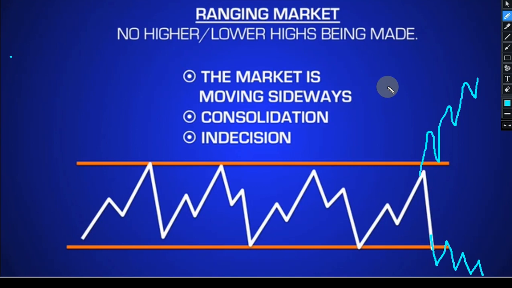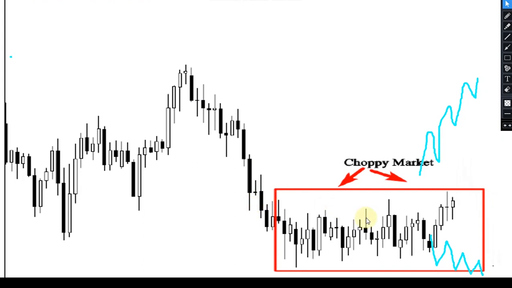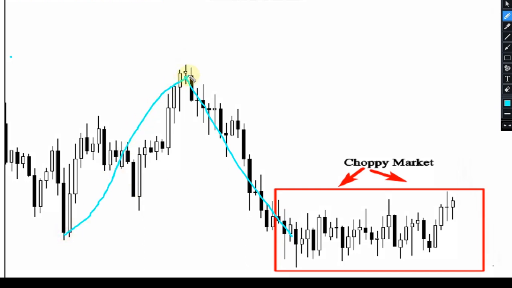Okay, I think this is clear. So this is what the example looks like. This is what we should be looking out for. This move is what we should be looking out for. Sell here, and we should also be looking out for this kind of move for buys, but not this type of move.